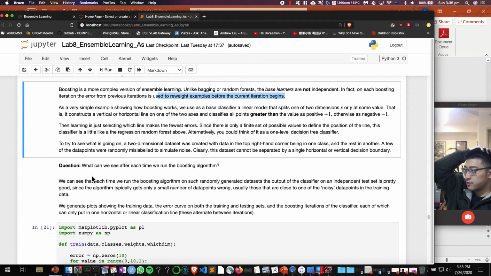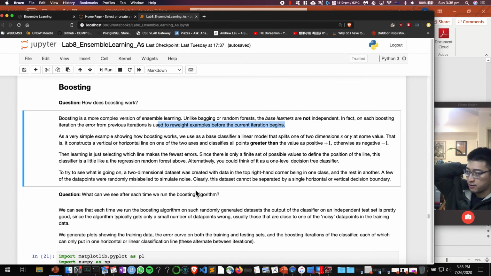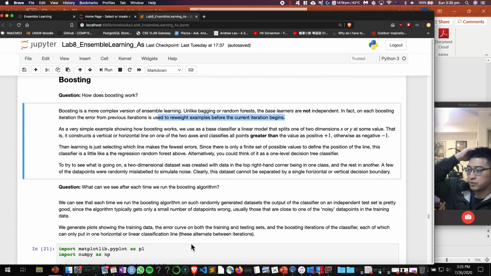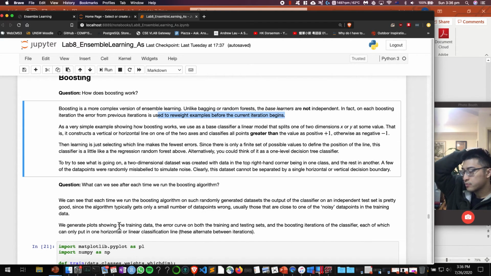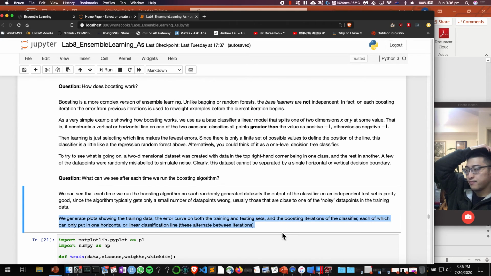Okay. So what can we see after we run each boosting algorithm? The thing we see is that, at least in this example, we're fitting a bunch of weak learners. So you can see it's a stump.